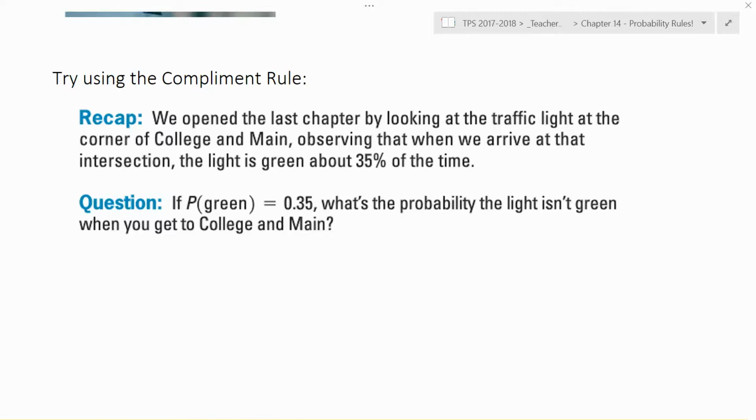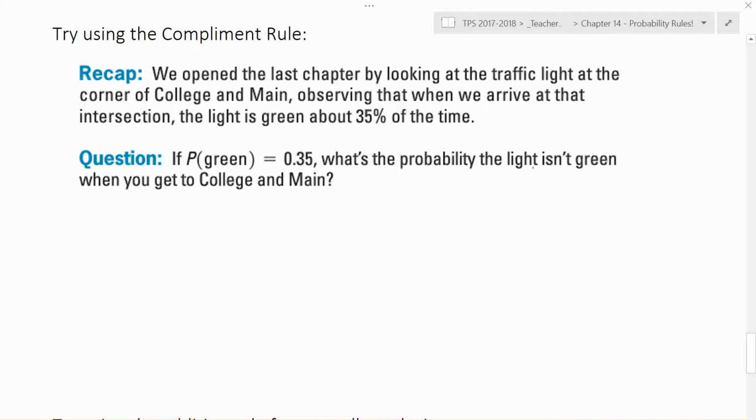So we would represent this with P(green) = 0.35. Then the question asks, what is the probability that the light isn't green when you get to this intersection? Isn't green is giving away that we need to use one of our new basic probability rules, and that's the complement rule.